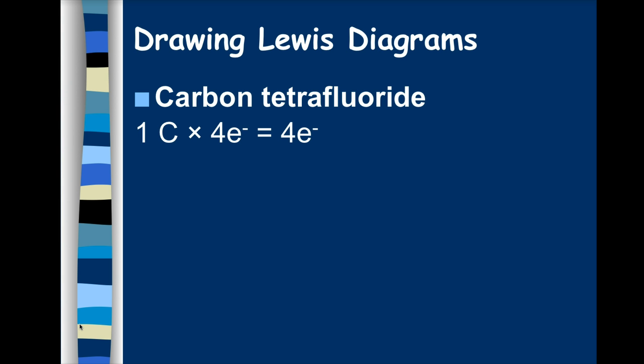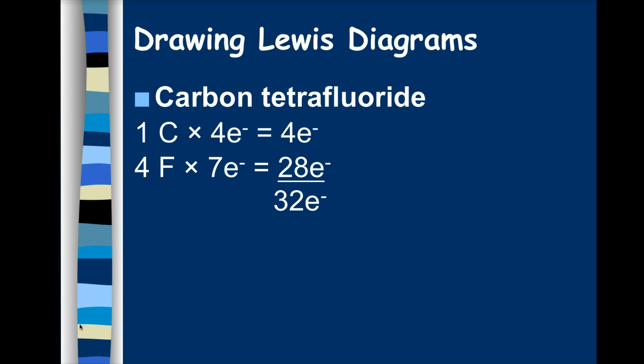And then you look for fluorine, and fluorine is in the halogens, so you have 4 of those, 7 valence electrons. So for this particular compound, we have a total of 32 valence electrons that we're going to work with for bonding purposes. Okay, so we've just figured out the compound and how many electrons.